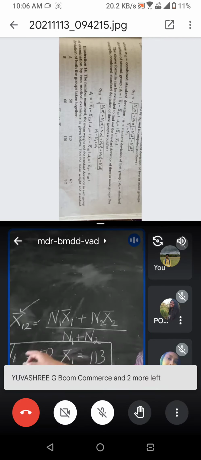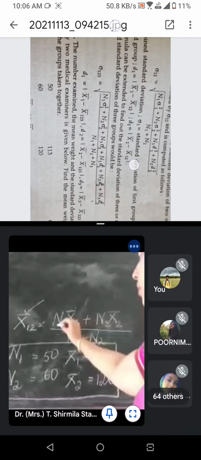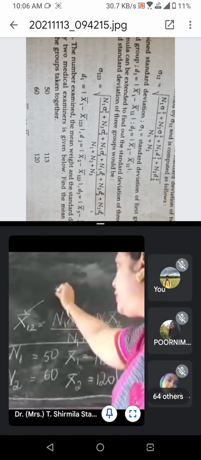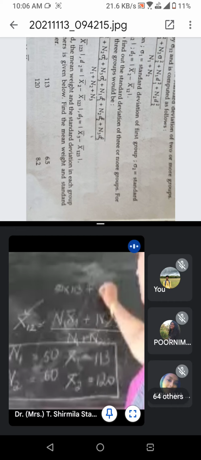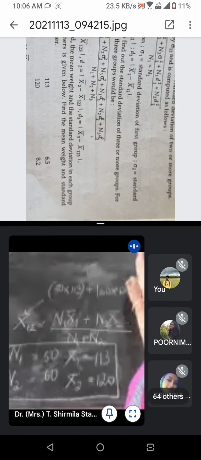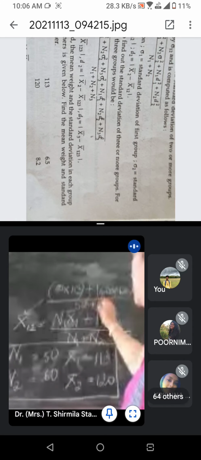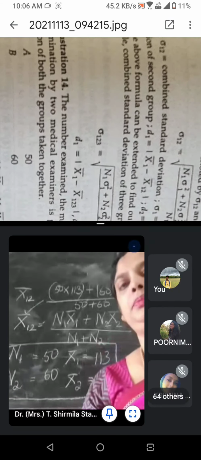So combined mean is n1 mean 1 plus n2 mean 2 by n1 plus n2. In other words, 50 into mean 1, 113, plus 60 into 120, divided by 50 plus 60. Clear? So quickly, one of you calculate and let me know.